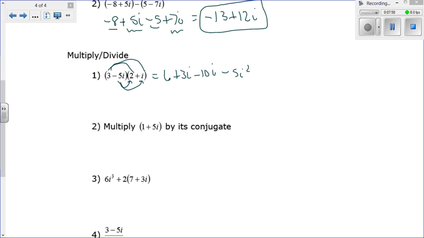But i squared is equal to negative 1. So this becomes 6. And if I combine like terms, I have a 3i and a negative 10i, so I get minus 7i. And then I have a negative 1 times a negative 5, so it becomes plus 5. So I have 11 minus 7i.